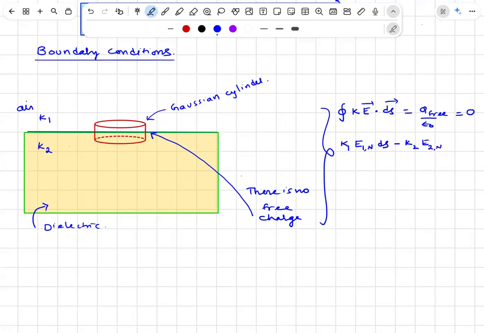Why am I using the word n? Normal flux. Into dS is equal to zero. Therefore, K1 E1n is equal to K2 E2n.